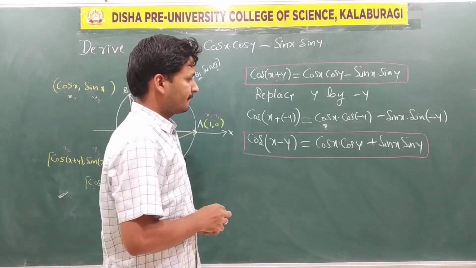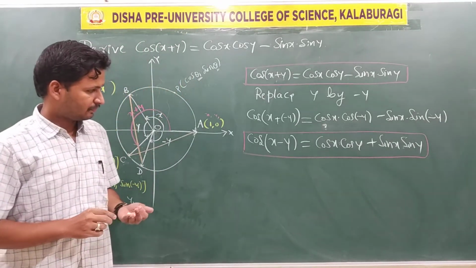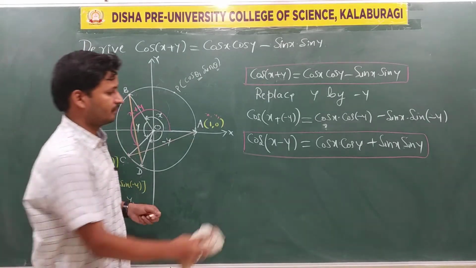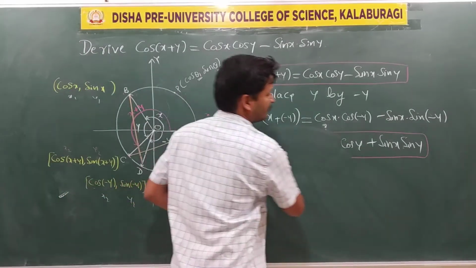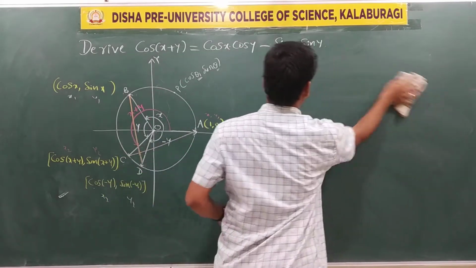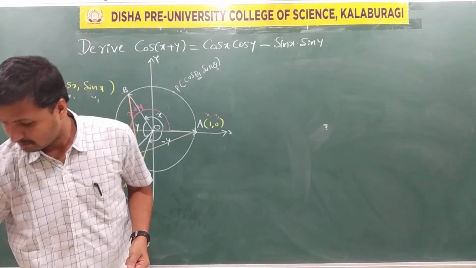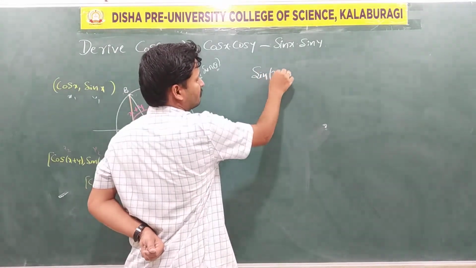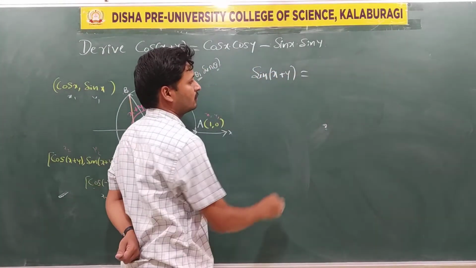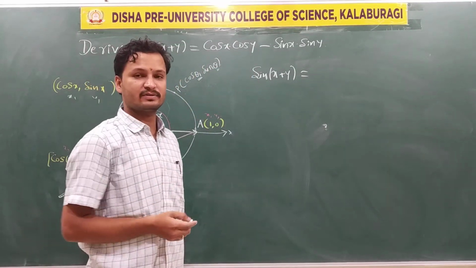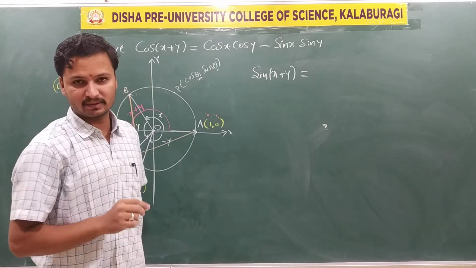Correct na? See. And that is sin of x plus y, which is equals to, see, sin of x plus y can be written by using the allied angle concept. How to write sine function in terms of cos?